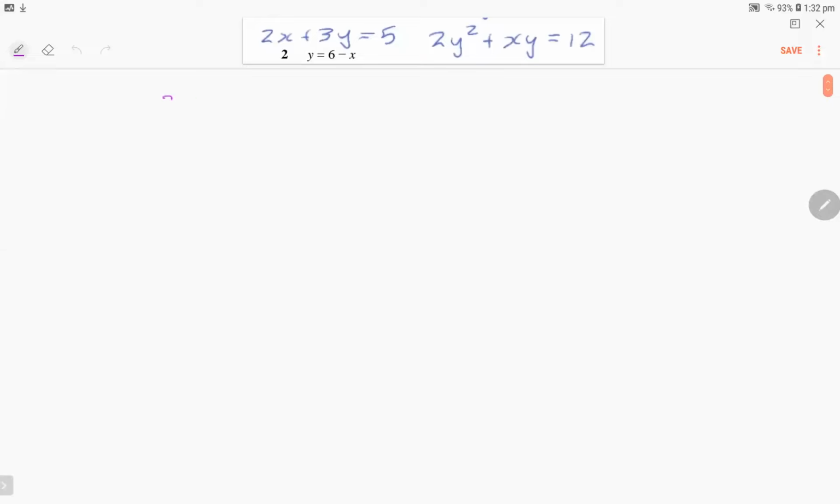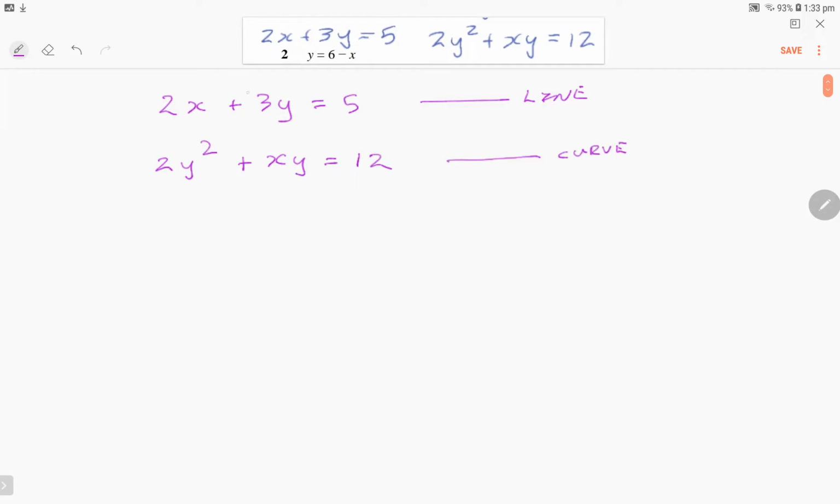So the one that we're doing next is 2x plus 3y equals 5, which clearly is the line, and we're doing 2y squared plus xy equals 12, which clearly is the curve.